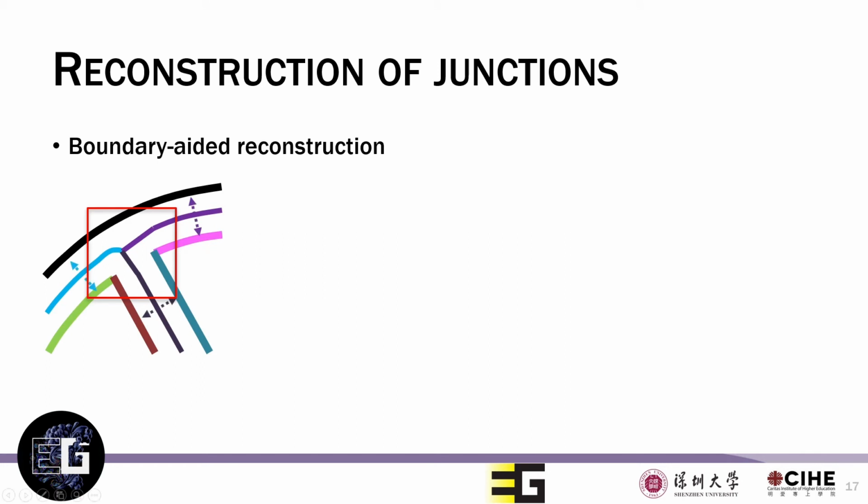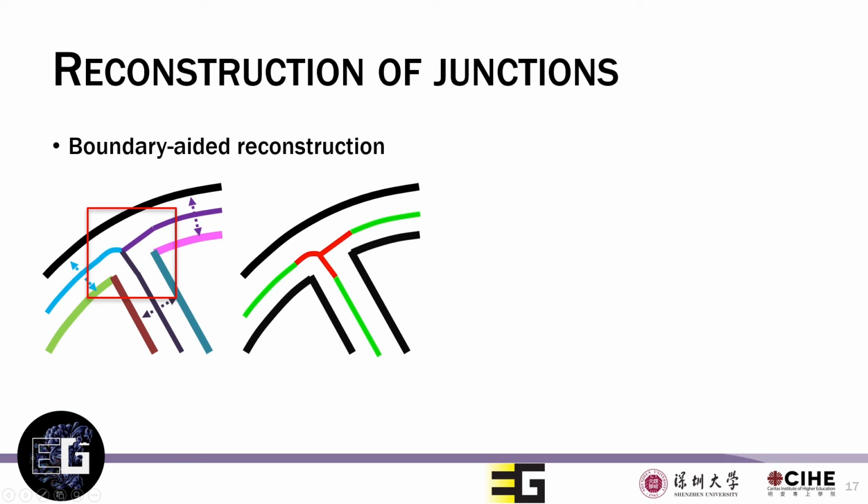Specifically, for each junction, we find all skeleton segments connected to this junction. Then, for each of these skeleton segments, we find the closest tangent consistency point to the junction as the cutoff point.